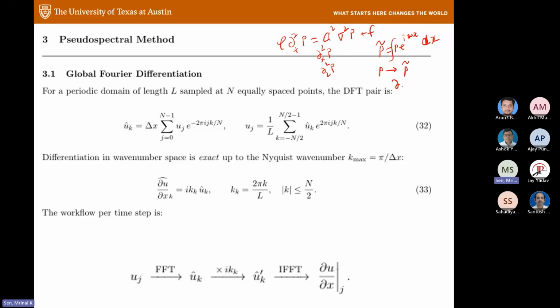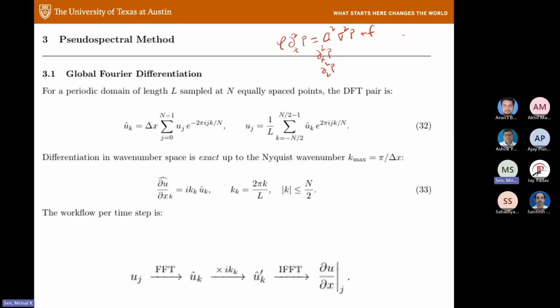Like I showed you earlier, when you have del t p, that transforms to i omega p, and del t squared p transforms to minus omega squared p tilde. So what is done in finite differencing in the pseudospectral domain is to compute the derivative in the Fourier domain.